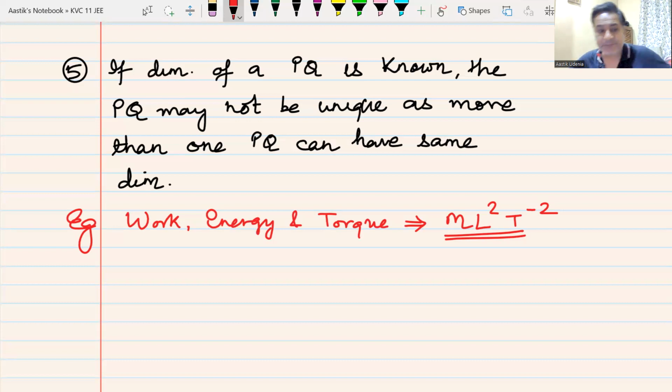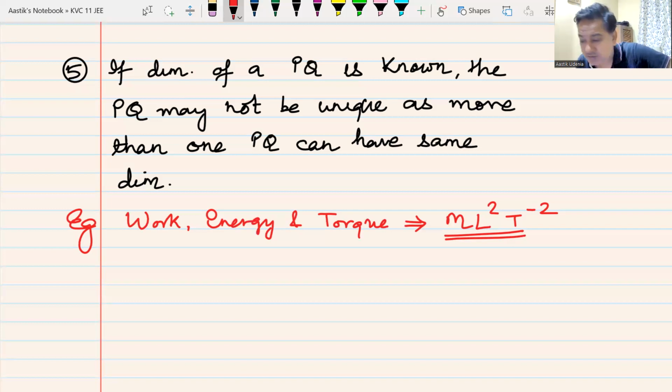But trust me, beta, they are not the same physical quantities. Work is work, energy is energy. Work can be converted into energy, energy can be converted into work, but that does not mean that they are the same quantities. The units may be the same, the dimensions may be the same, but they are not the same quantities. Torque is a completely different quantity altogether.